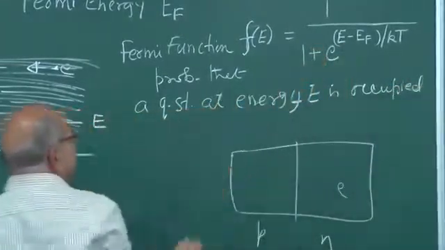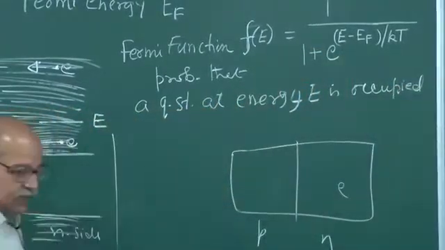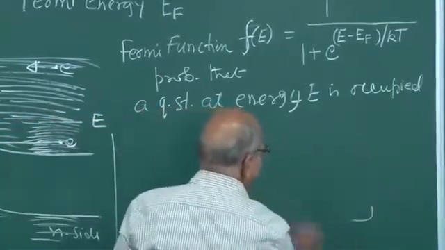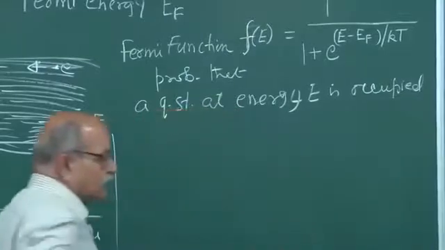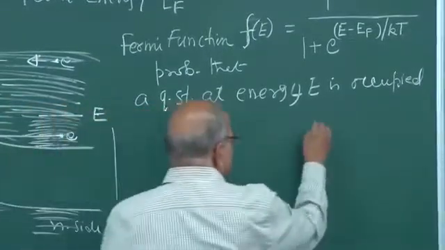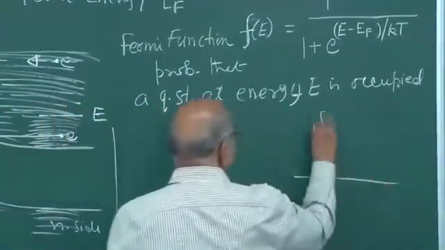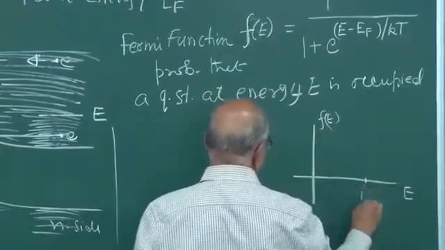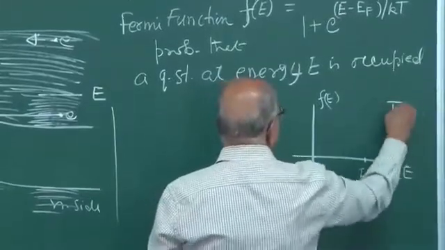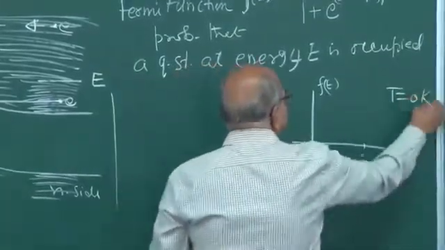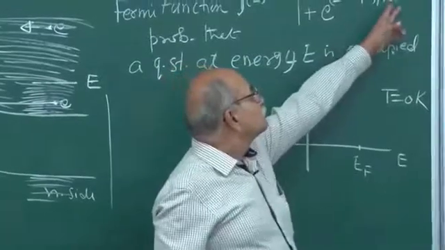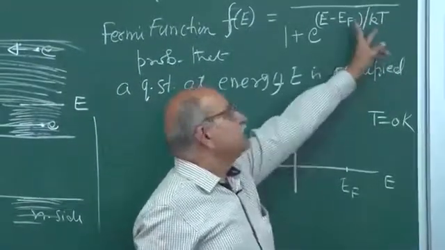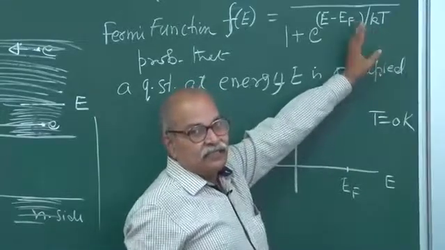Now if you plot this function, first let us plot it at capital T equal to 0 and see what happens. If you plot f(E) here and E here, and suppose this is EF, and suppose T is 0 K, then since T is in the denominator, this will be infinity.